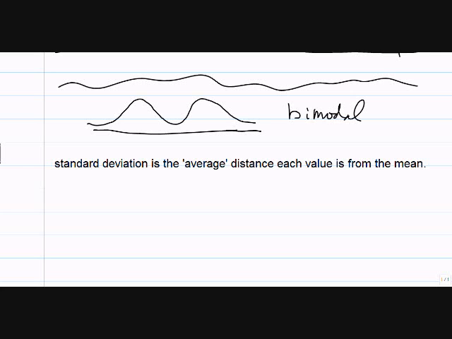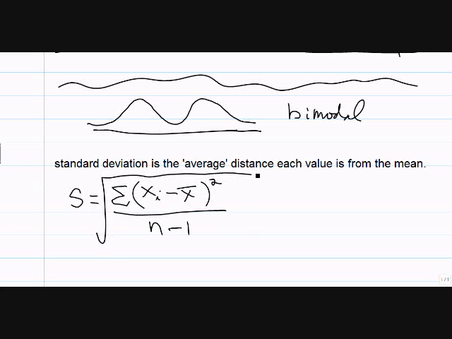Standard deviation, the one that is called the sample standard deviation, is abbreviated with an S, and the formula for it is I take each one of my values in my set, I subtract off the mean, I square that difference, then I add all of those for each value up together, divide by the number of values I have in my set minus 1, and take the square root of that whole thing.